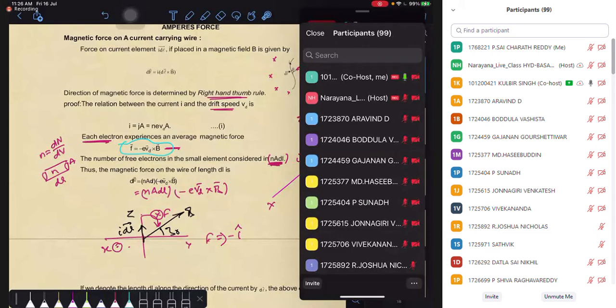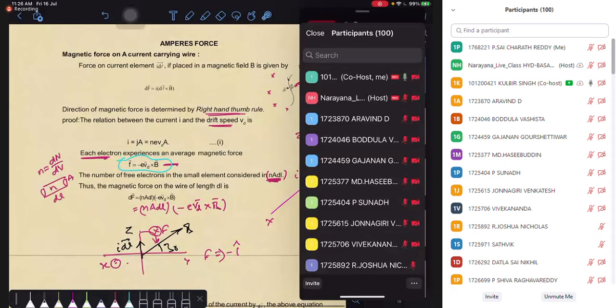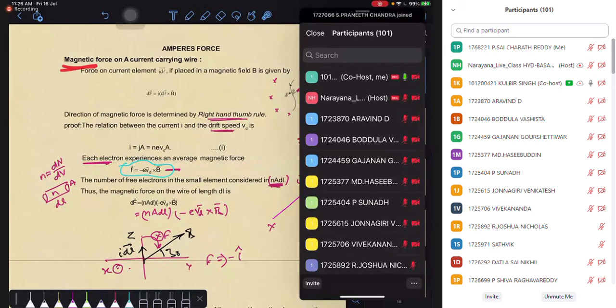So in this drift velocity, the electric field and collision effect is there. So if I say it is a magnetic force, it is not purely a magnetic force. It includes the collision and electric force effect also. So the result that comes from that is not purely magnetic. That's why it is wrong to call it a magnetic force. But in the books, it is written as a magnetic force, so I am also using the same name, but actually it is not a magnetic force.